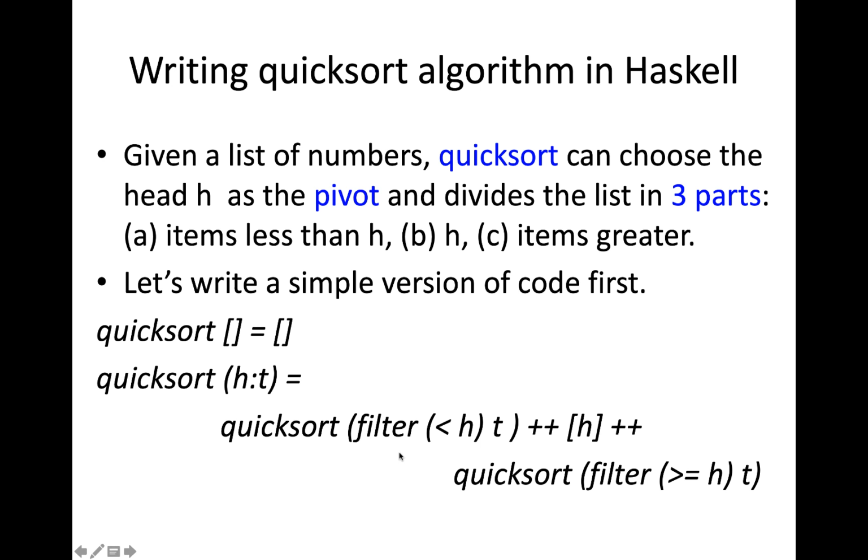Now this implementation assumes that we have a less than operation defined on the list, and also we have a greater than or equal to operation defined on the list. So in this implementation we are assuming that how to compare 2 items is already defined, right?